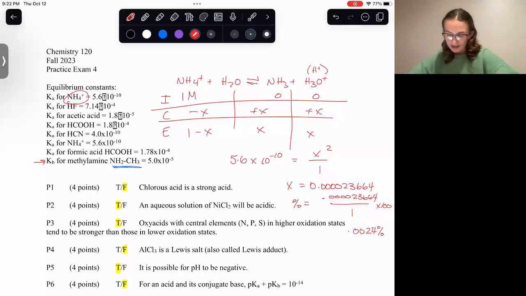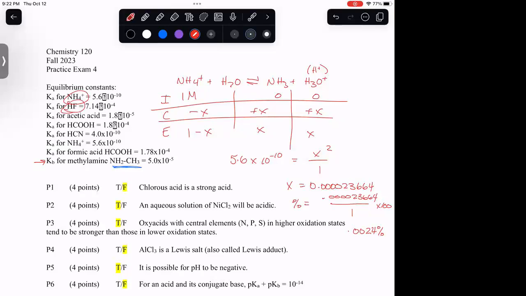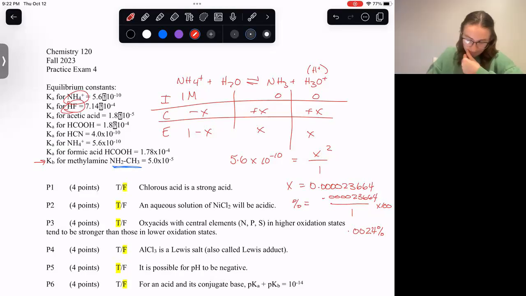But yeah, if you look at some of your other Ka values, if you pick a higher one, like HF, I think that's the highest one on this list. If you do the same thing that we just did, you can see how much that percent ionizes. Honestly, we can just do that real quick because that's just the square root of the Ka.